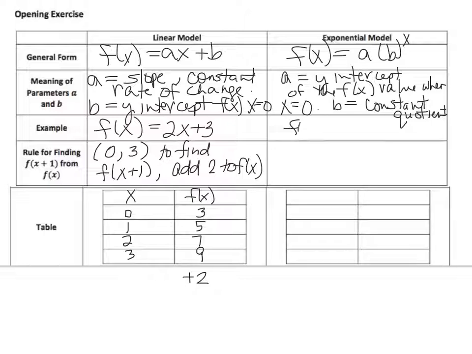Awesome. An example would be f of x equals 3 times 2 to the x. If something is doubling all the time, we would put a 2 in for b. My initial value would be 3.